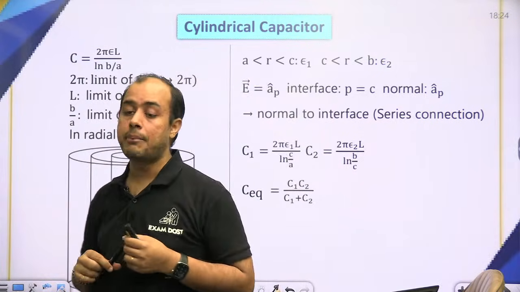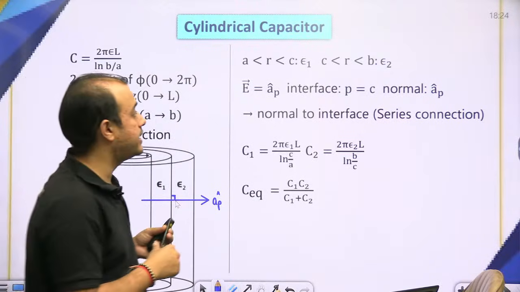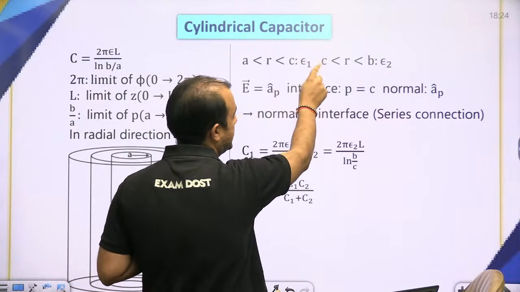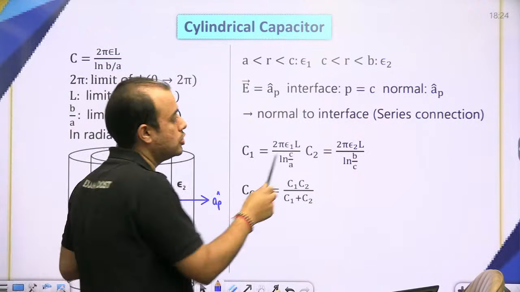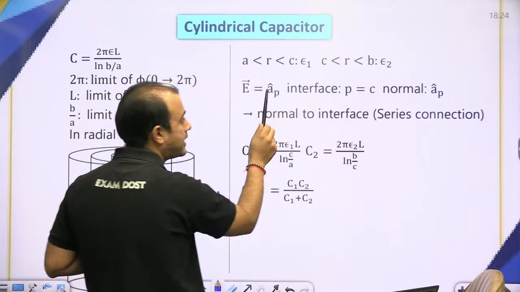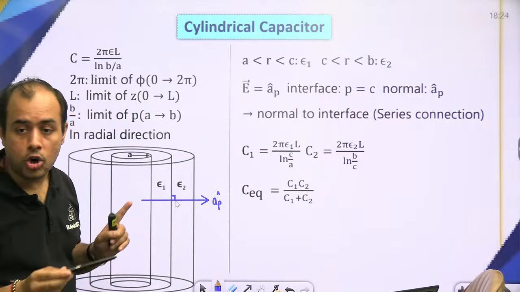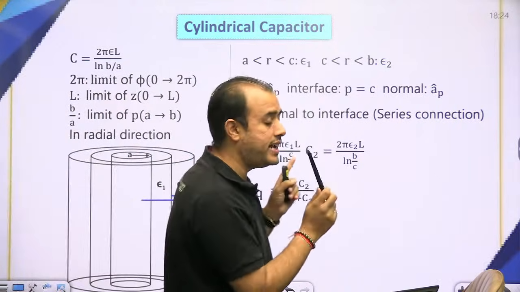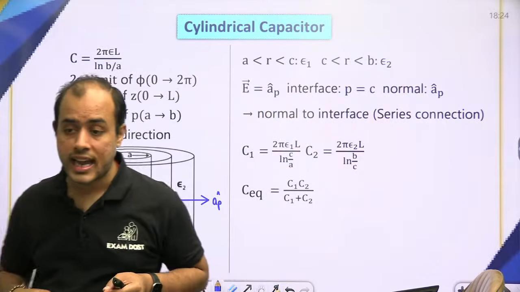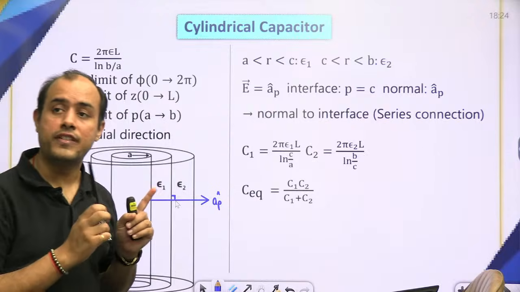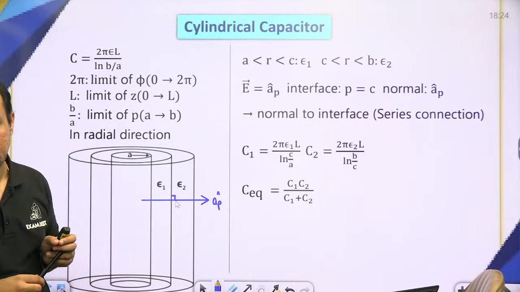So now the boundary between the two dielectric is rho equal to C. C is the radius that is separating the two dielectric. So normal is arrow cap. Electric field is in arrow cap. I know because the electric field of a line charge is in the direction arrow cap. And cylinder is always treated as a line charge.